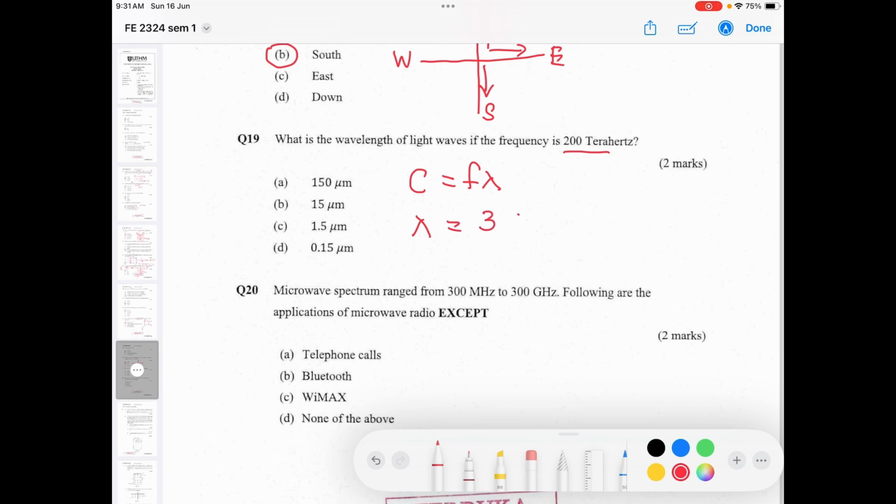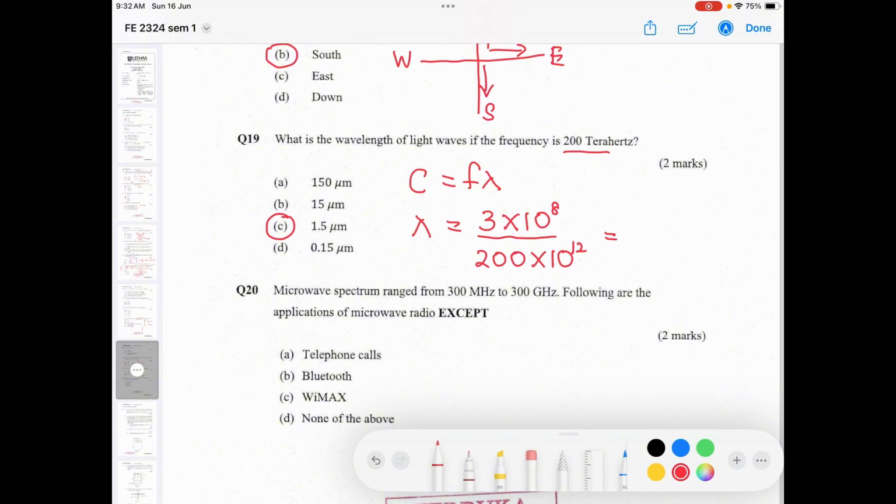Tera is 10 to the power 12, so 200 terahertz is 200 times 10 to the power 12. So you can calculate. This is 1.5.